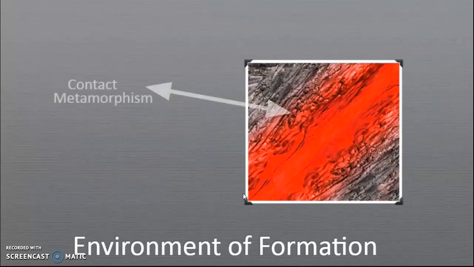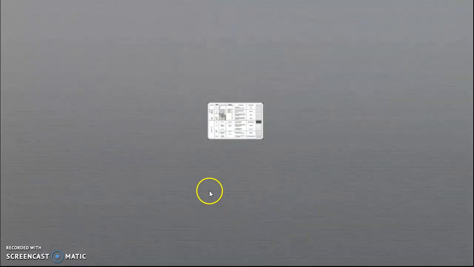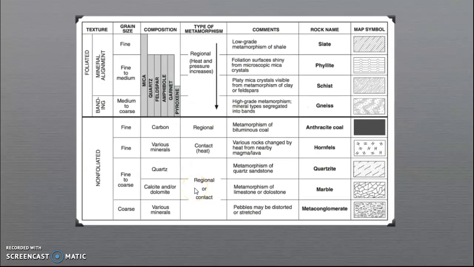So in contact metamorphism, that lava or magma touches the rock and heats it up. And again, you have the same metamorphic rock identification on your reference page that goes through the different characteristics of each of the different types of metamorphic rock.